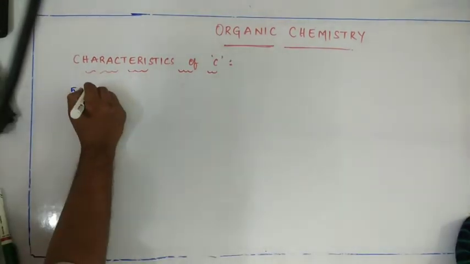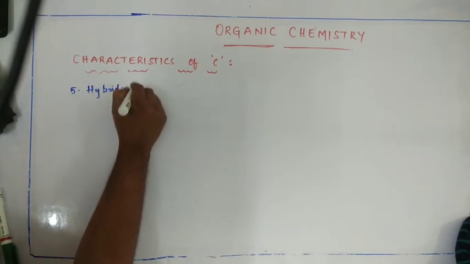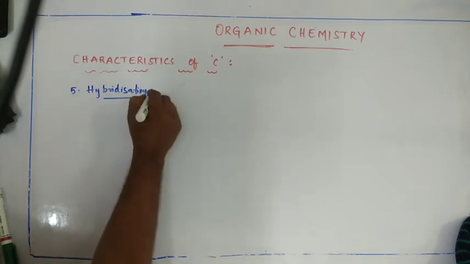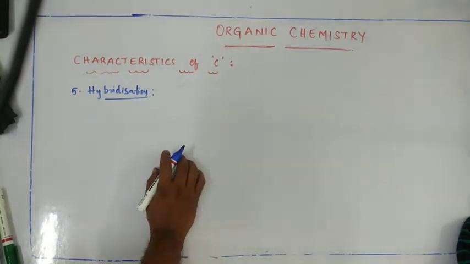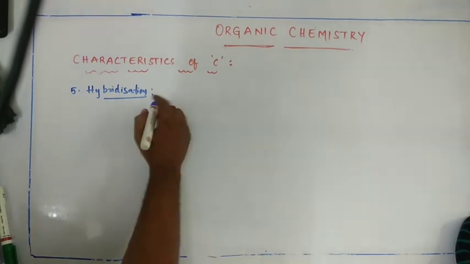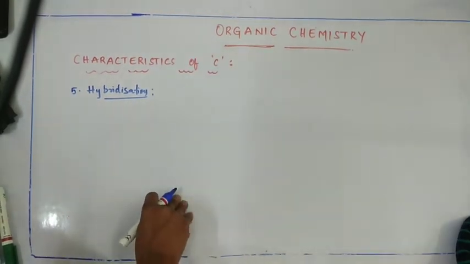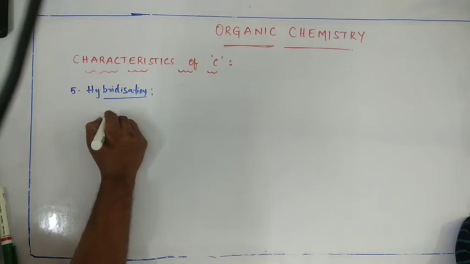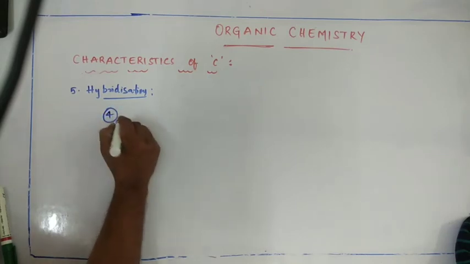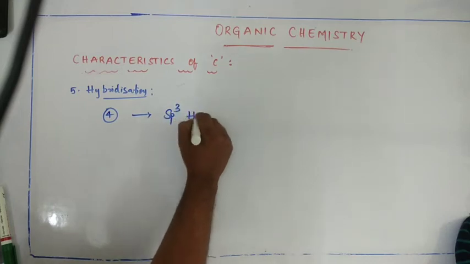Fifth one is hybridization. Hybridization is defined as intermixing of atomic orbitals to form hybrid orbitals. Whenever carbon is required to form bonds with four atoms, it uses sp3 hybridization.